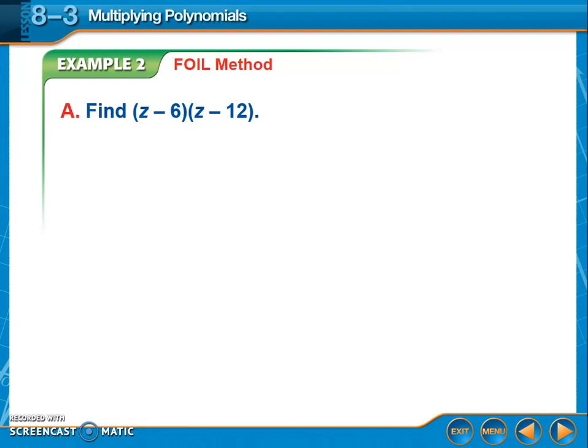So F, take our first term times our first term. So z times z, z squared. O is for outer. Right up here, FOIL. Okay, O is for the outside term. So that's here and here. Z times negative 12 is negative 12z. I is for inside.